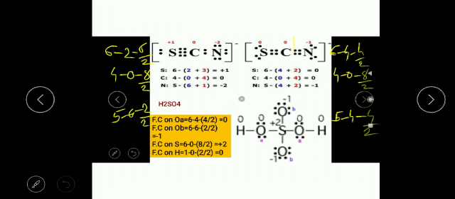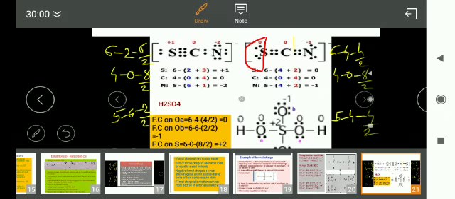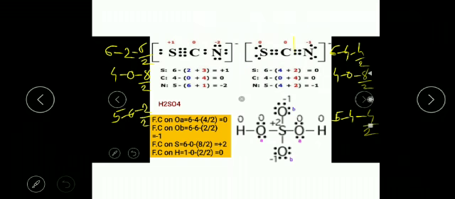Now we calculate for this structure. Here the sulfur has 6 valency, minus 4 lone pair electrons, and there are 4 bond pair electrons. So these are the bond pairs. So 6 minus 4 minus 4 divided by 2.